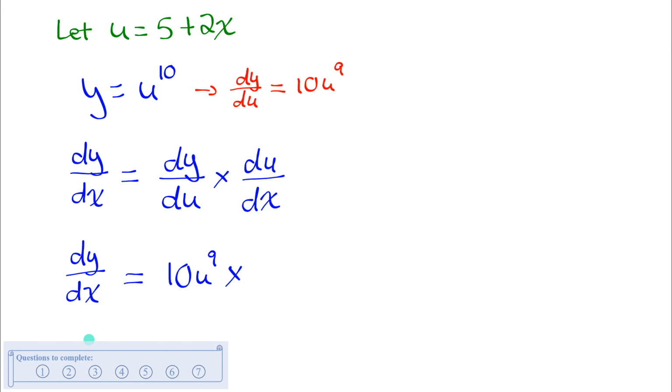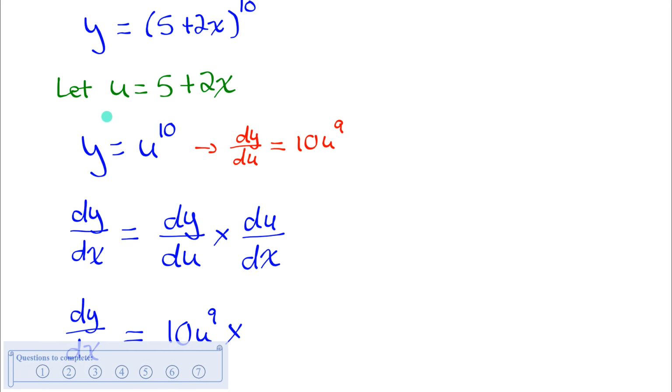So that's the derivative of y with respect to u, but I want the derivative of y with respect to x, which is why I now need to multiply this by the derivative of u with respect to x. And right up here, I see that I have u written as a function of x. So I can find the derivative of u with respect to x from this equation. If I differentiate 5 plus 2x, I get 0 plus 2, so that's just 2.